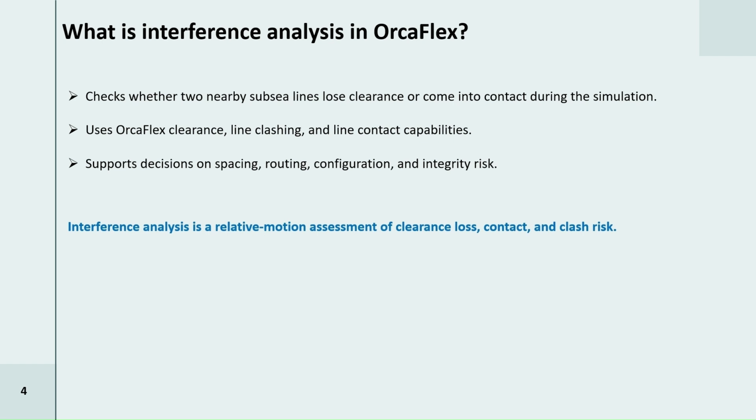Orcaflex supports this using line clearance results, line clashing, and line contact capabilities. Because of that, interference analysis helps engineers make decisions on spacing, routing, configuration, and overall integrity risk.